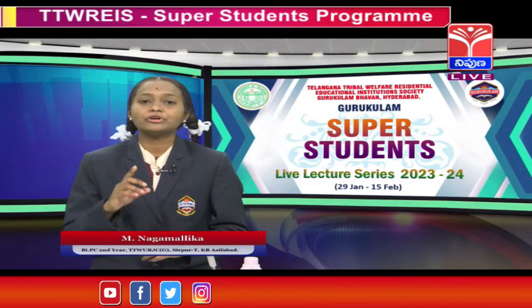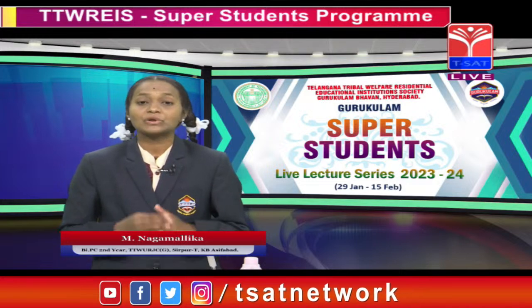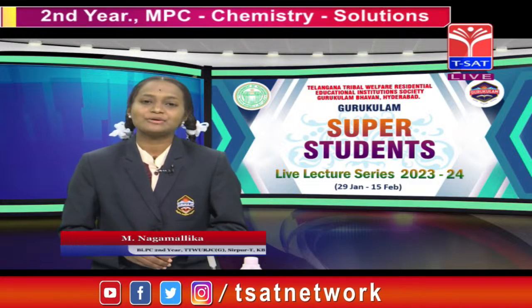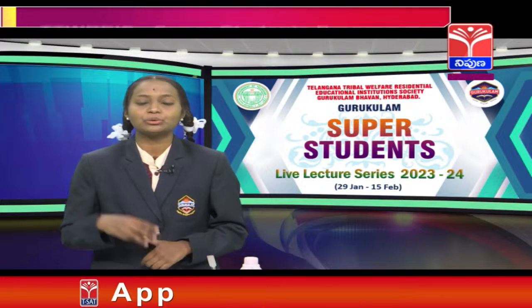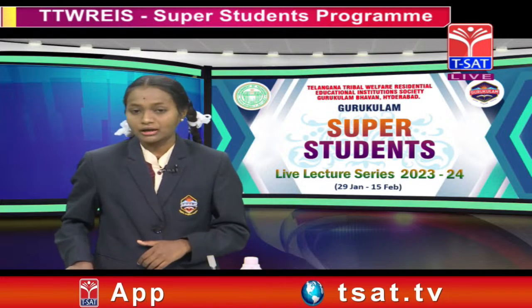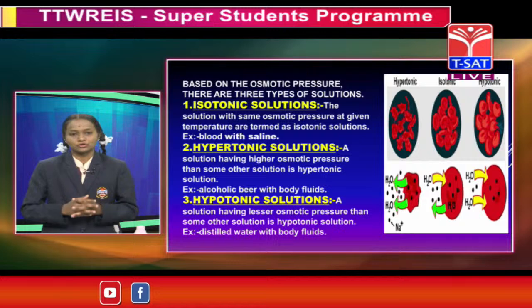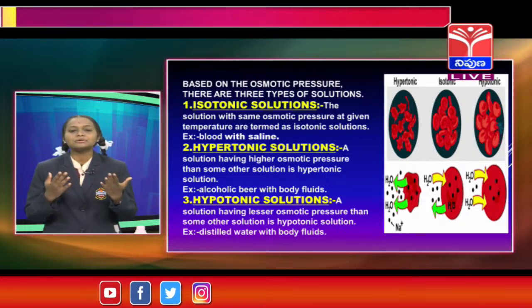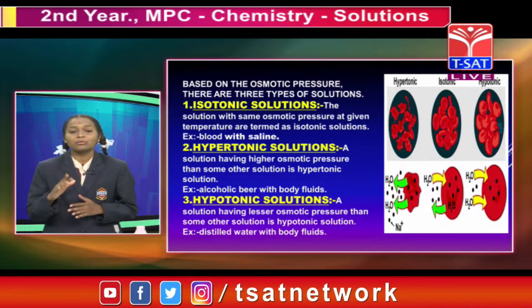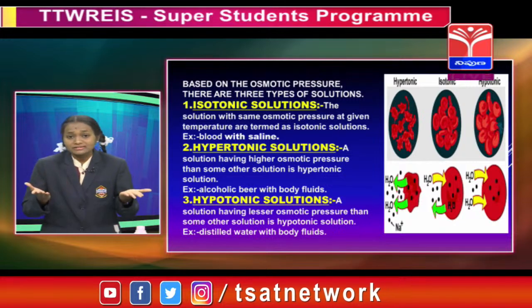Based on one of the colligative properties, osmotic pressure, solutions are again classified into 3 types. They are isotonic solutions, hypertonic solutions and hypotonic solutions. Isotonic: iso means same. Then what is same?